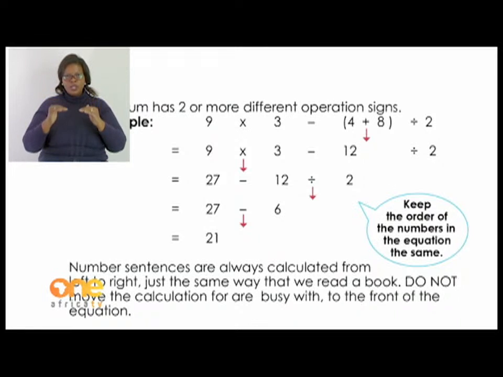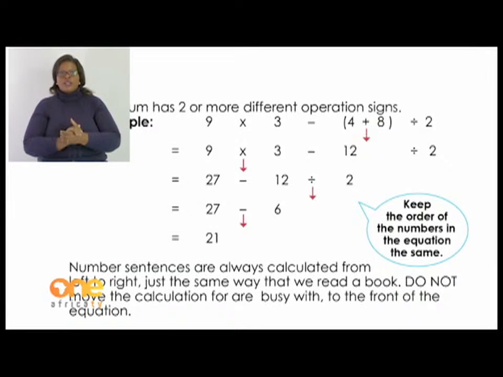What will we do next? According to BODMAS, brackets, of, there is no of in that operation. So we continue, and so it will be division or multiplication. We do it from left to right. The order stays from left to right.